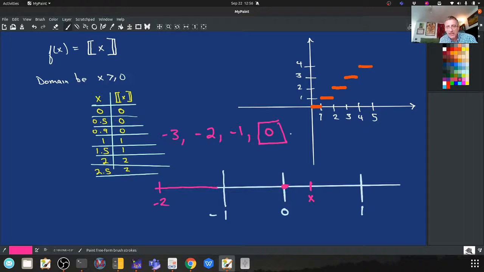So we take it to be equal to 0. So if x is equal to, say, 0.3, then the greatest integer less than or equal to x is an integer less than x. But of all of our integer choices, we take the greatest of them all. So that's it for this lecture.